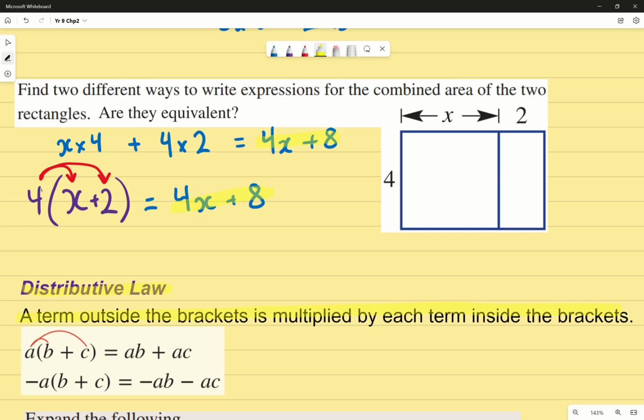Distributive law. A term outside the brackets is multiplied by each term inside the brackets. That's all that means. If it's in the front, we multiply everything inside by it. If it's in the front, or if we're multiplying, we multiply everything by it.